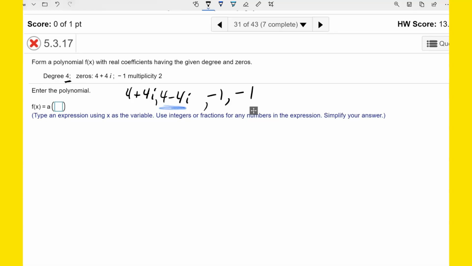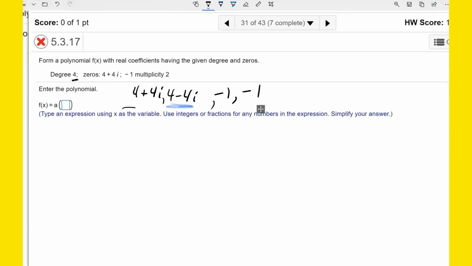Now, this is going to be pretty complicated, so bear with me here. We have to now form the polynomial that has those zeros. So first I'm going to turn each one of these zeros into a factor. These two will be easy. That's going to be x plus 1 and x plus 1. But how do I turn these zeros into factors? Let me show you.